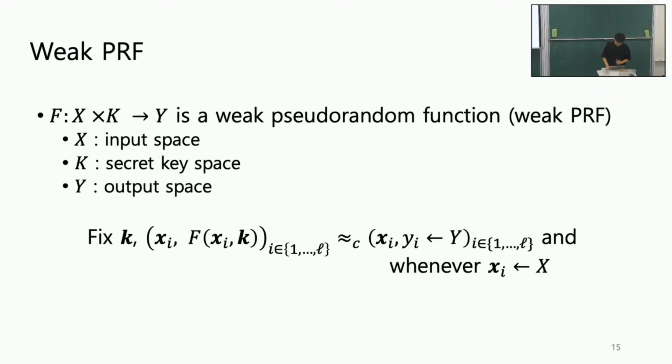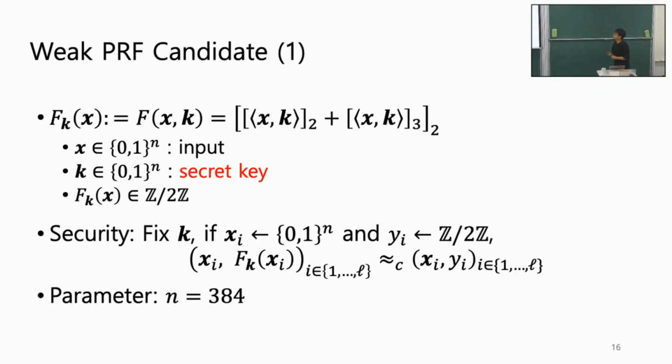Okay, let's see the candidate of mixed random function in cryptography. X is an input and K is a secret key. Then Fk of X consists of the inner product of input and secret key in modulo 2, and the inner product of the same in modulo 3, and their summation.